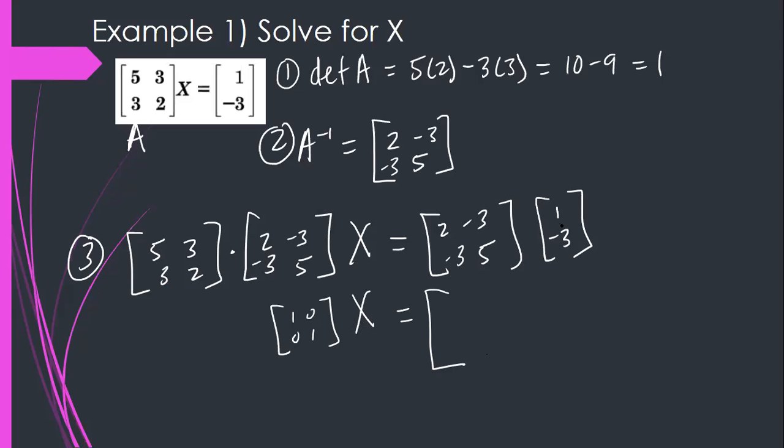So I have 2 times 1 plus -3 times -3. Then I have -3 times 1 plus 5 times -3.